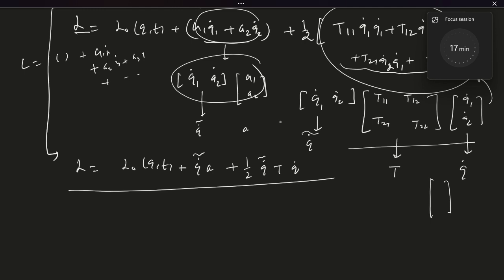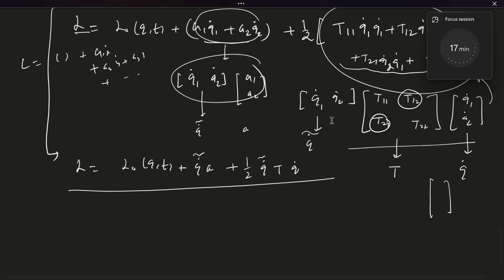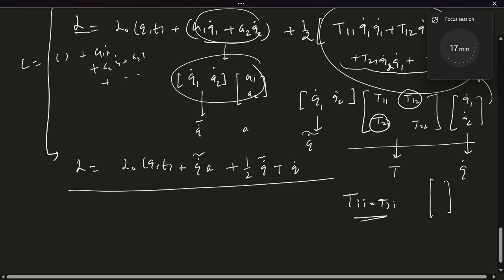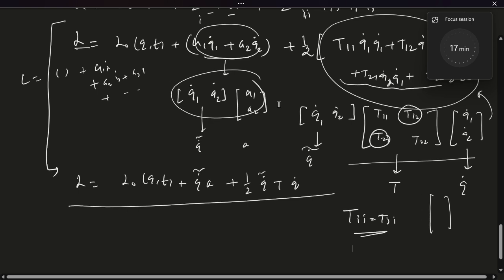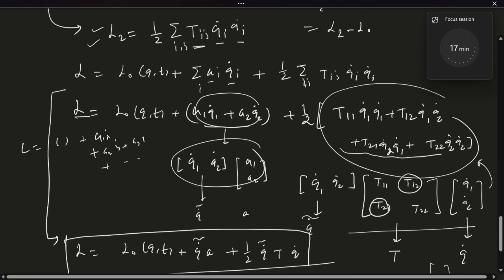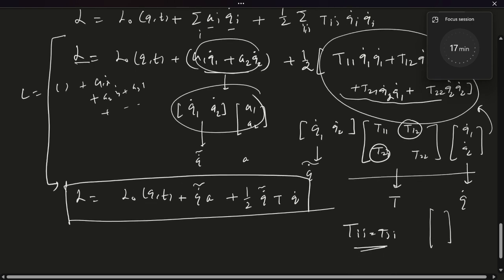That means your T21 and T12 are the same, or if there are n coordinates, then T_ij equals T_ji. That's my whole purpose in saying this. So you got the Lagrangian.